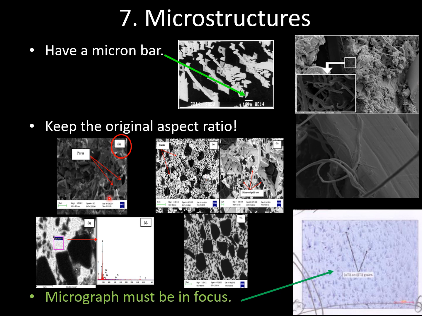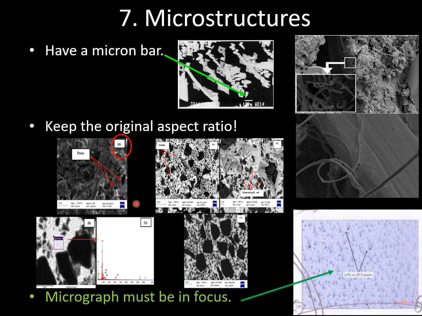Here are some micrographs which have been squashed. If you look at this, these are all roughly the same height, and these all come from a Zeiss instrument. That comes from something else. And what I don't like here is, if you look at this, all of these have had their aspect ratios changed, because the writing, I know it's small on the screen, the writing is a bit squashed.